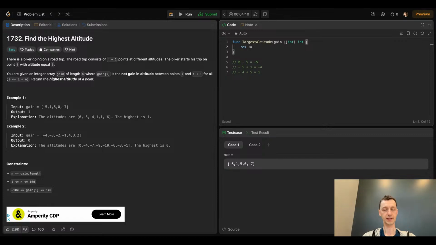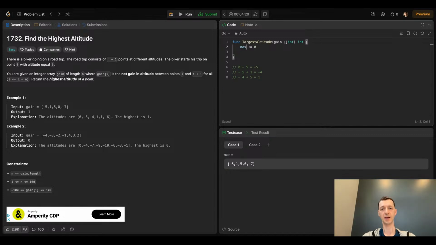We can initialize it at what? We know it's 0, so the first one is 0. Yeah, I guess we can initialize it at 0. So that's largest.